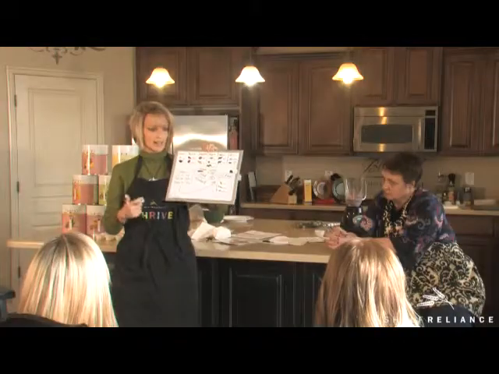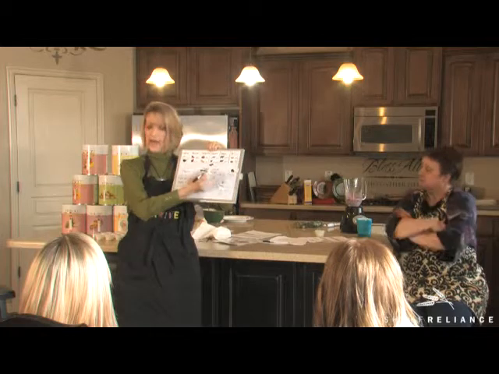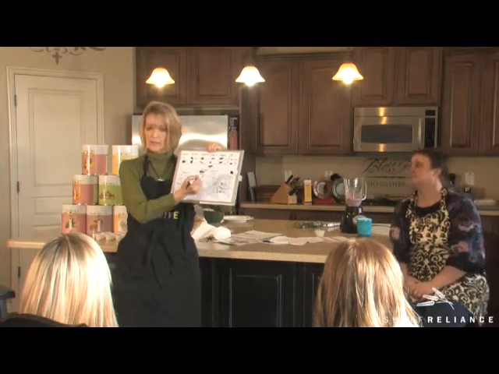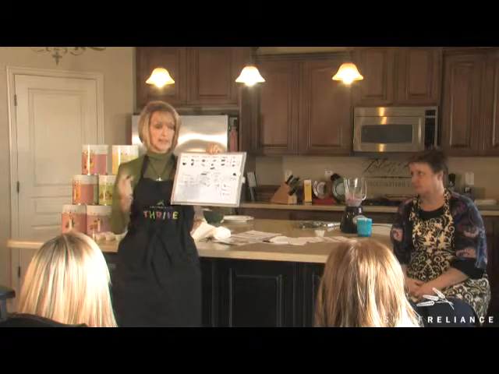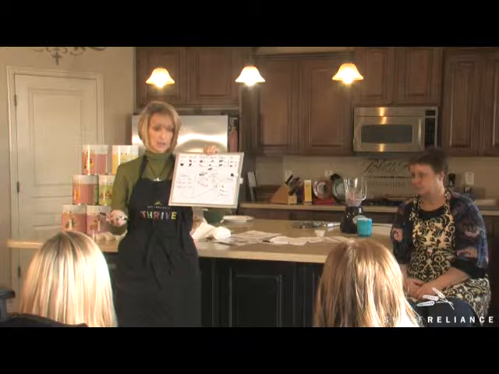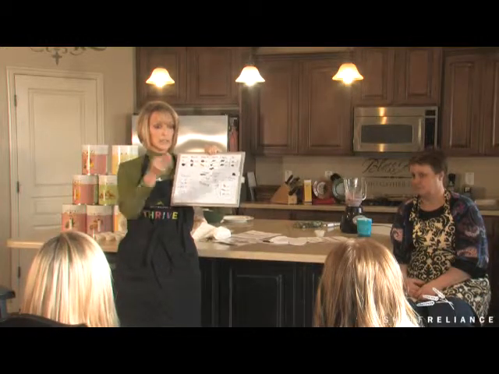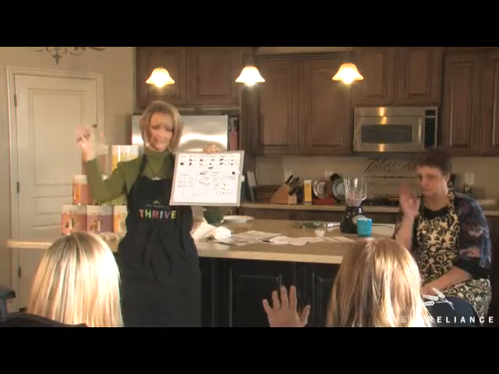So we've conquered what do we buy? We've conquered how do we fit it in our budget? We're reallocating some money, and the third thing is how do we store it? Shelf Reliance has some awesome shelves that you can store. It's first in, first out. How many of you have seen them at Costco and Walmart?